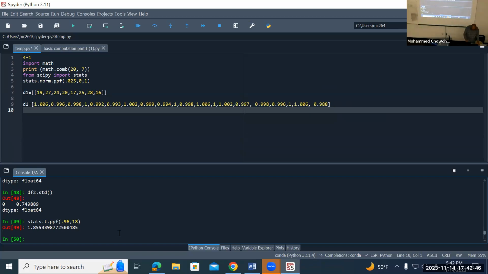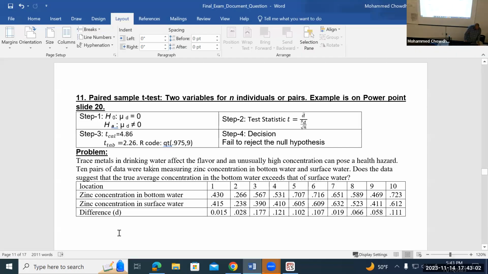So we want to use here 7.5 and degrees of freedom equal to n minus 2, which is equal to 8. We got 2.30. We got very close.